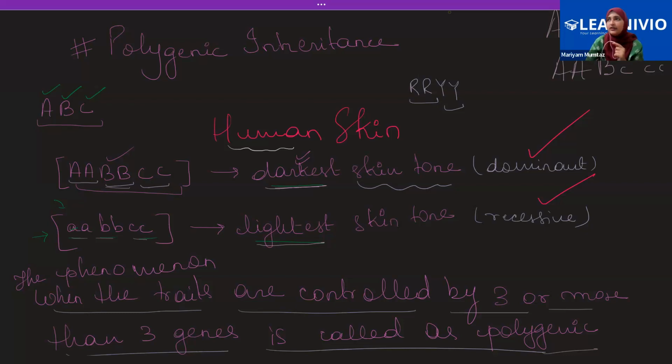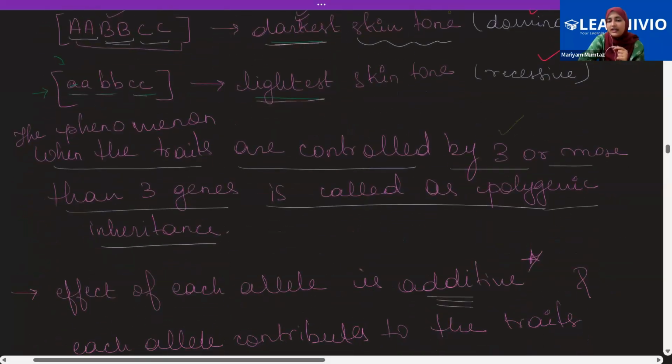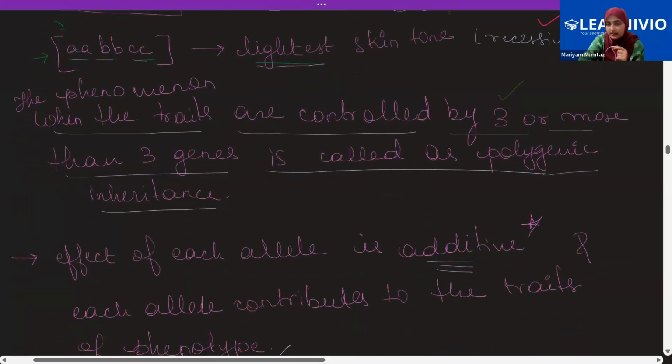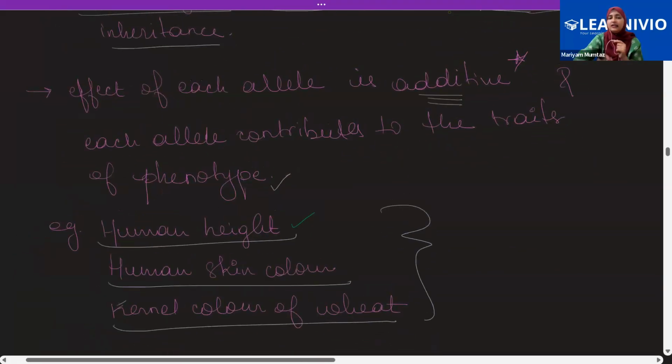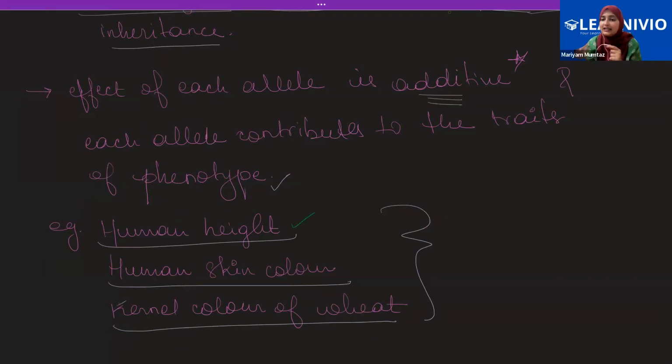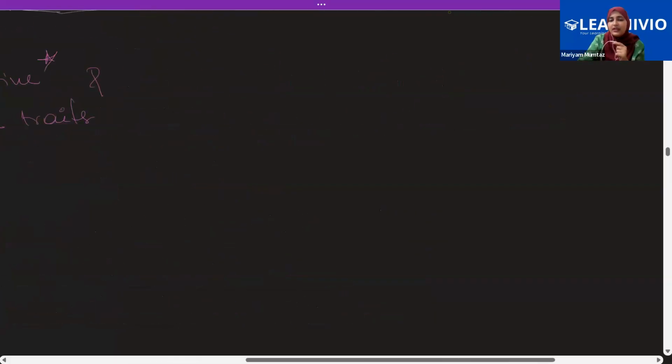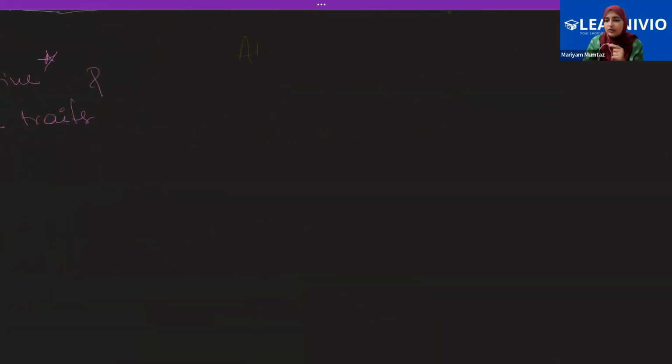Whenever any trait is controlled by three or more genes, we call it polygenic inheritance. One such thing about polygenic inheritance is that every allele A, B, C, their effect is additive. For example, we talked about two extremes. This is one extreme and this is another extreme, right?